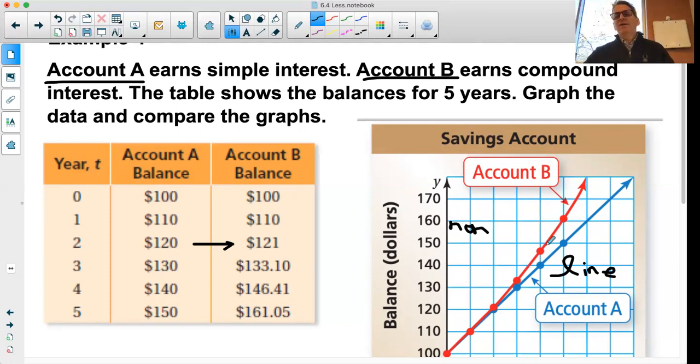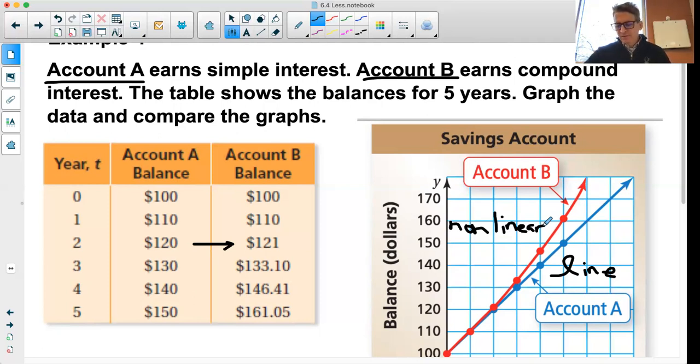It rises at a different rate each year. So the balance of account B increases different amounts each year, and the rate of change is not constant. Account B is non-linear. And that would be example 4 under real life application.